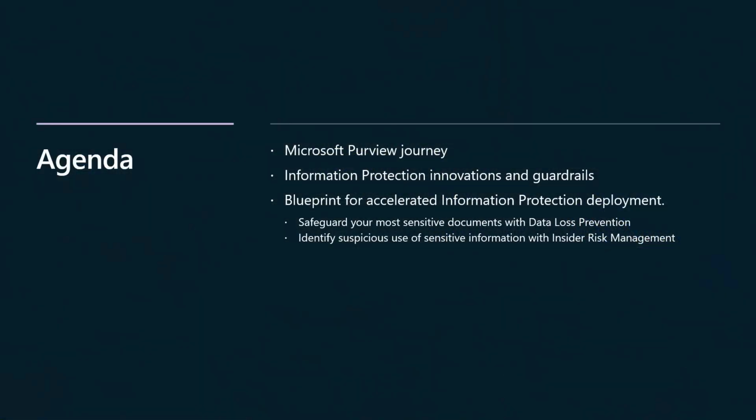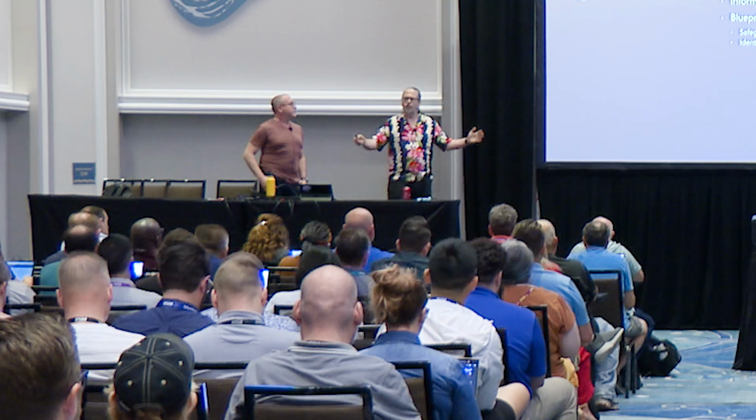We're going to talk about information protection innovations and guardrails, which are going to be essential going forward in the age of AI. And then, Max is going to dive into a lot on our blueprints for accelerated information protection deployment. Because at the end of the day, this is all well and good, but how do I get going? How do I get this rolled out in my organization?